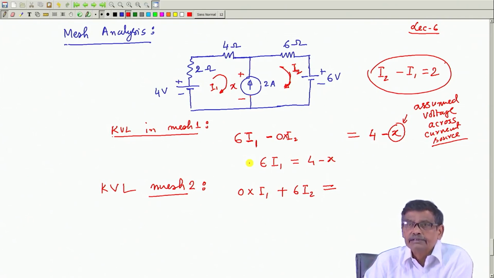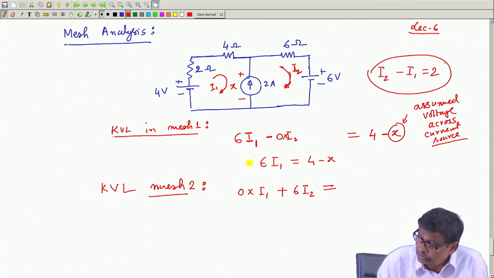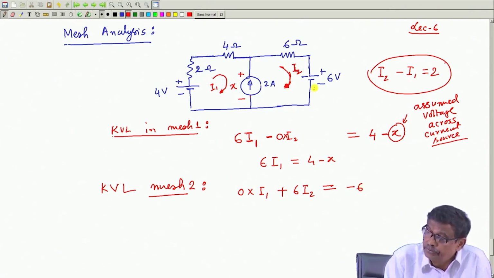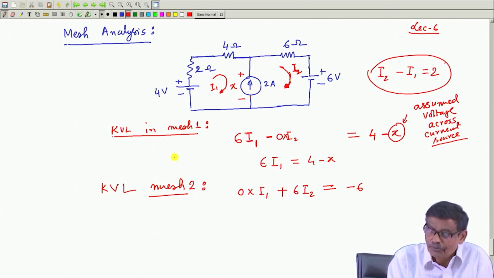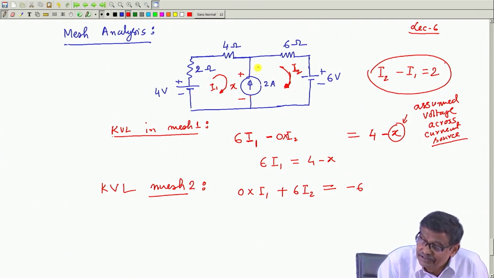Sources should appear, that is the logic we developed earlier from the basics. So, this must be minus 6 volt, because the direction of this I 2 and the plus are opposite. So, minus 6, and then there is another source whose voltage is not known, but I have assumed it to be x here. Should I write plus x or minus x? Plus x, because this is the direction of I 2 and here is a source whose voltage is plus and minus. So, plus x volt.